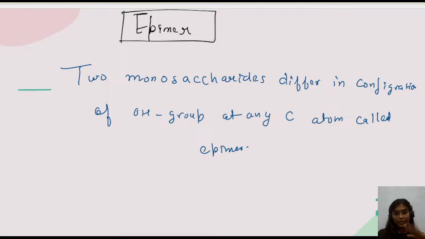If it is another carbon, like the second, third, fourth, or fifth carbon, any carbon other than the first, they are known as epimers.